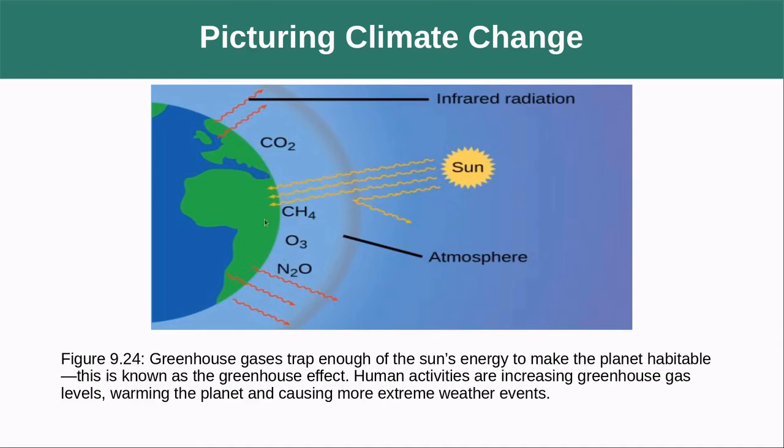After it hits the Earth, it excites some electrons, and then it's going to emit radiation that's of lower energy. This is mostly in the form of infrared radiation, and that doesn't have enough energy to exit the Earth when we have a thicker layer of gases on the outside. And that's what causes the Earth to eventually heat up. It can't get rid of the infrared radiation that it's emitting fast enough to maintain its temperature.